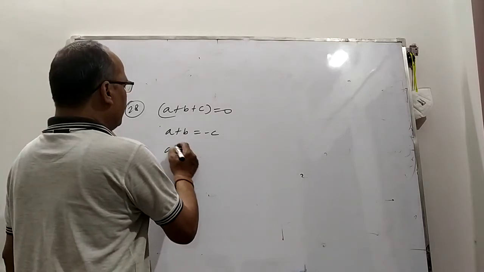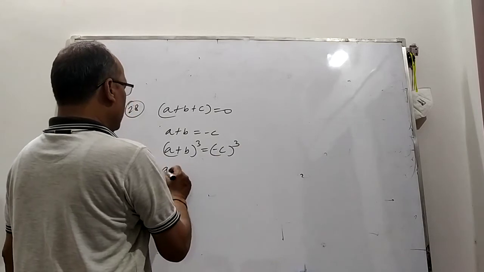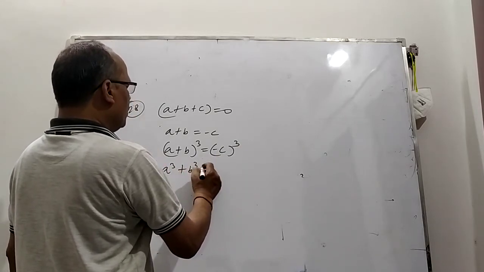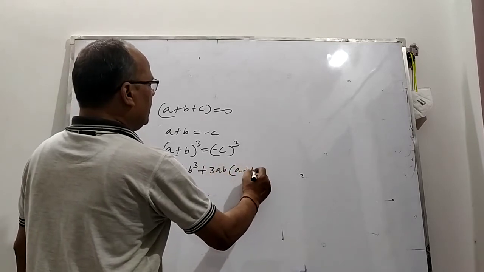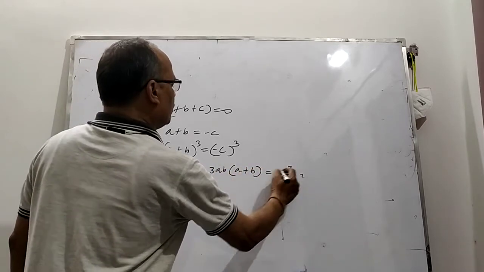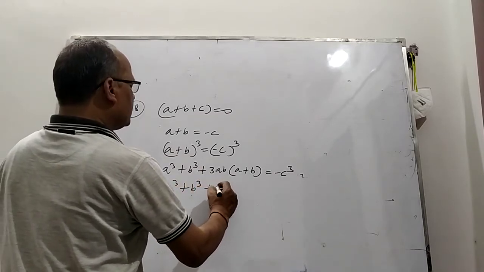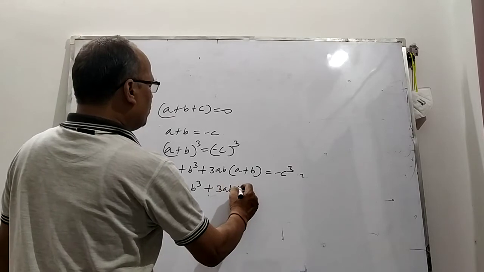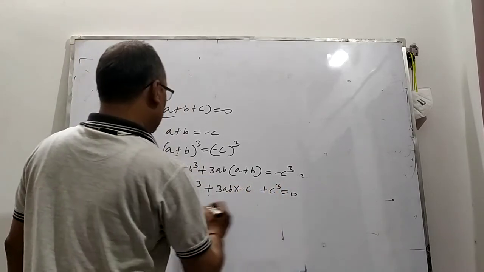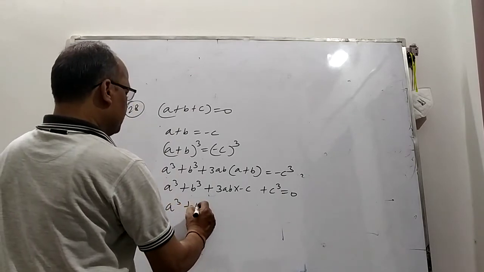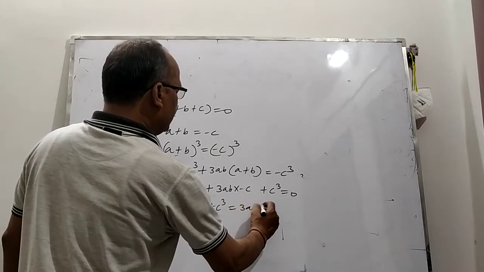Here (A plus B) whole cube minus C whole cube: A cube plus B cube plus 3AB(A plus B) minus C cube. A cube plus B cube plus 3AB into minus C, plus C cube equal to 0. A cube plus B cube plus C cube equal to 3ABC.